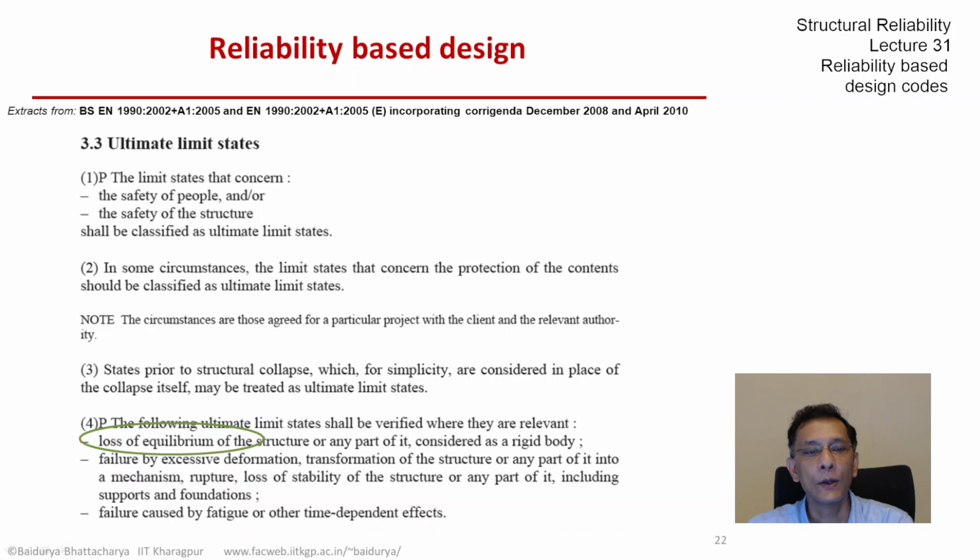And more details about what sort of definition of this sort of failure, this ultimate limit state collapse, should be considered. So loss of equilibrium, creation of a mechanism, loss of stability, rupture, etc. would all come under this sort of ultimate or collapse limit state.